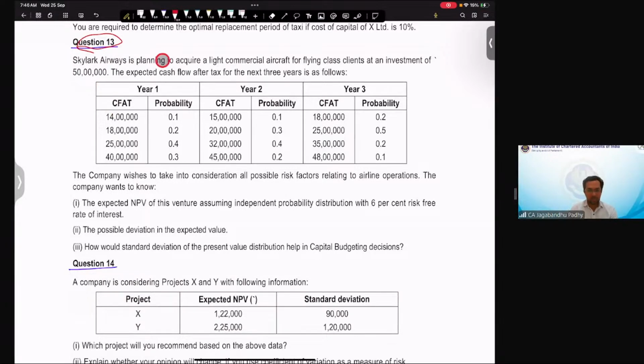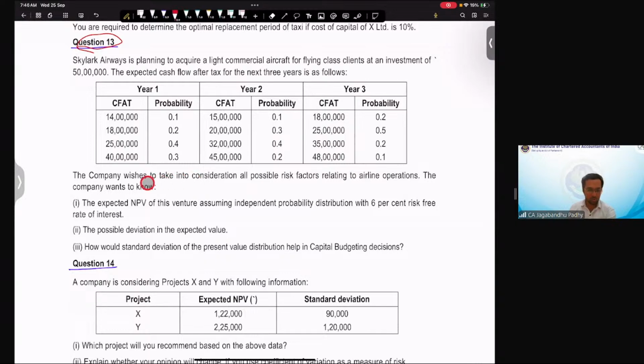Skylark Airways is planning to acquire a light commercial aircraft for flying class clients at an investment of 50 lakh. So here the investment involved is 50 lakh. Over a period of 3 years, we have the CFAT and the probability numbers. The company wishes to take into consideration all possible risk factors relating to airline operations.